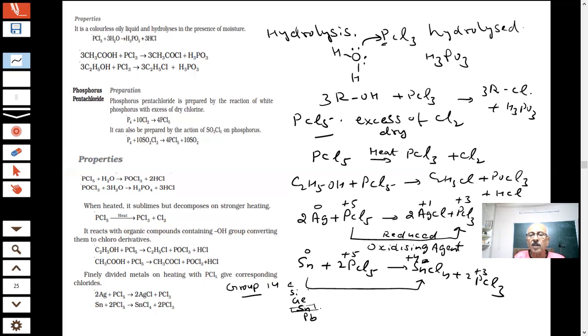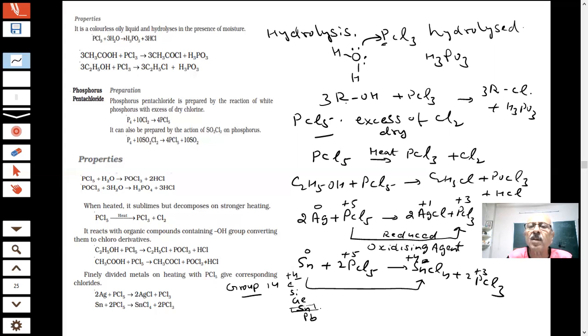So here it has gone to the +4 oxidation state. What is the group oxidation state of group 14 elements, students? +4. So tin is oxidized to the +4 oxidation state.